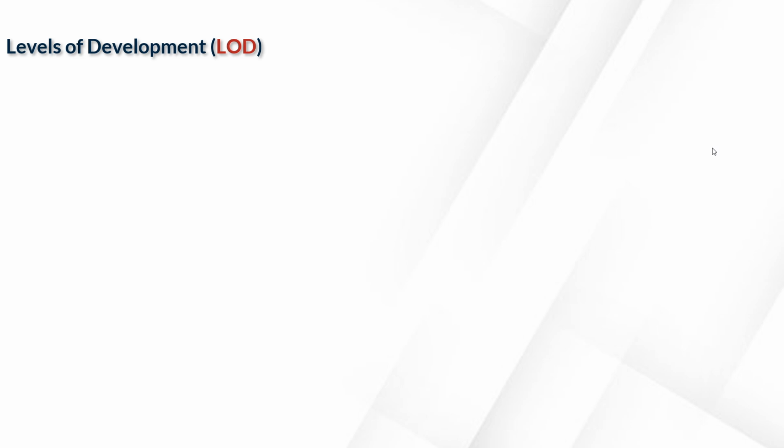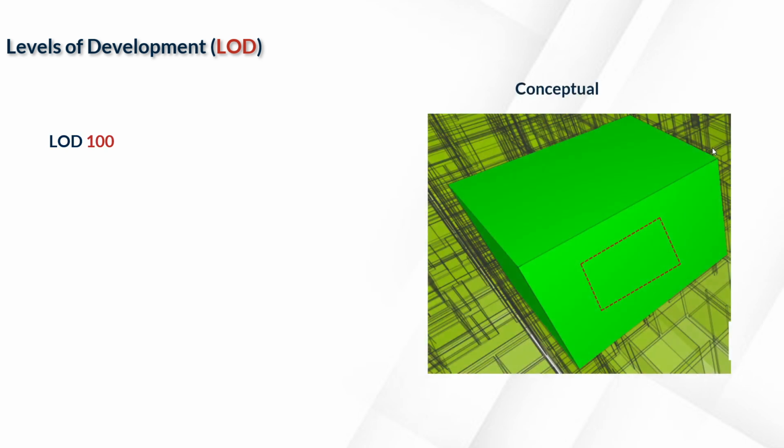Now let's understand each level of development, LOD, one by one. And to make it simple, we will use the example of a window element. Let's start with LOD 100, which represents the conceptual stage of a model. At this level, the element, for example a window, is shown only as a symbol or a simple placeholder.